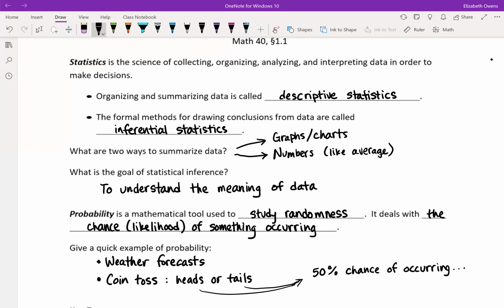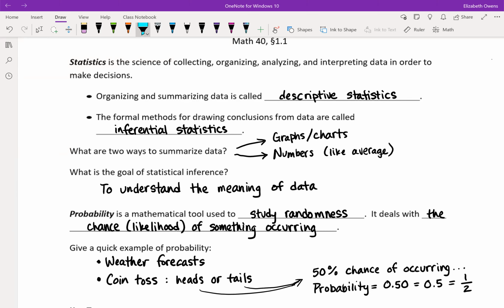And so how we express that in terms of probability is usually not with a percentage like that. I mean, it is a 50% chance of occurring, but the probability we usually say as a decimal instead. So just turn 50% into a decimal, 0.50. That would be the probability. Or you could say just 0.5. Or you could say a probability of 1/2.